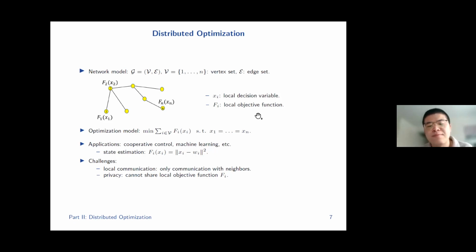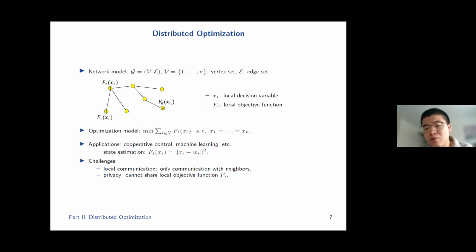Then, an interesting problem is to find a common decision variable which minimizes the sum of all the local objective functions. This problem can be described by this optimization model. This problem has many applications in cooperative control and machine learning.